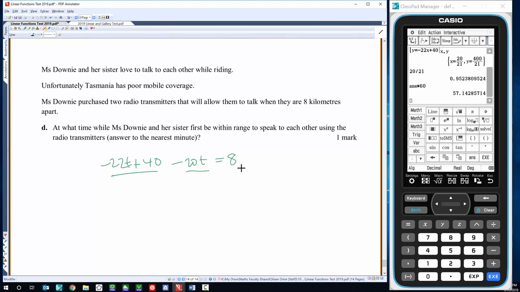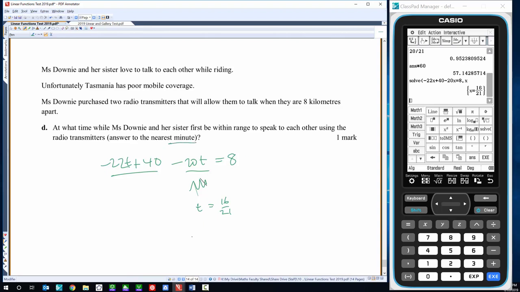So I'm going to go over to the calc and solve it. And let's get an exact value to begin with. So t is equal to 16 over 21.